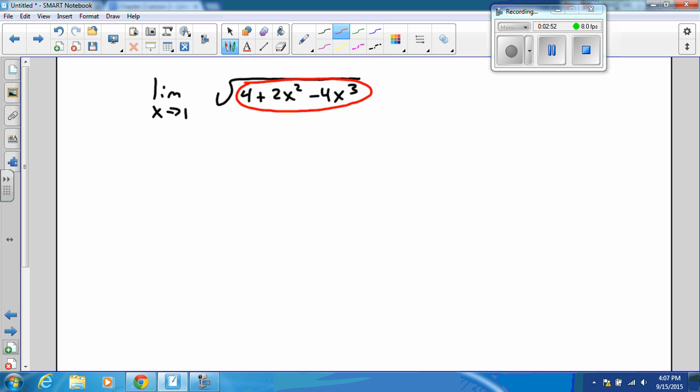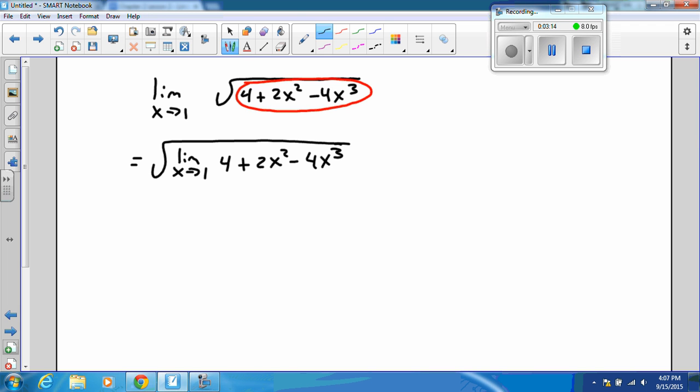And of course, a square root is a fractional exponent. It is x to the 1/2. And so I'm going to treat it as an exponent and write that the limit of the square root of blah, blah, blah is the same as the square root of the limit. And that is appealing to the power rule for limits.